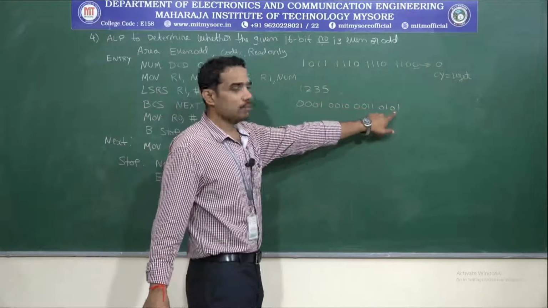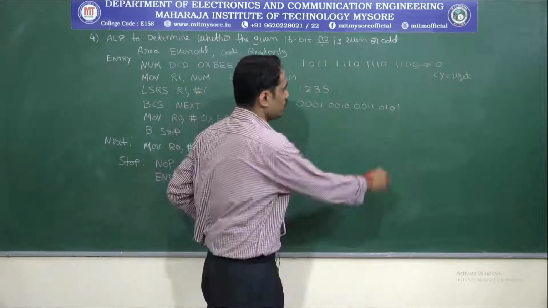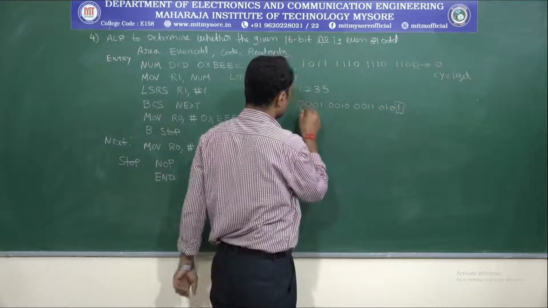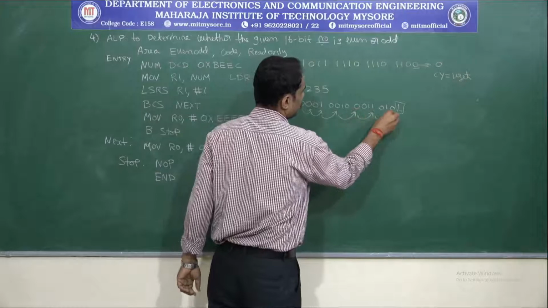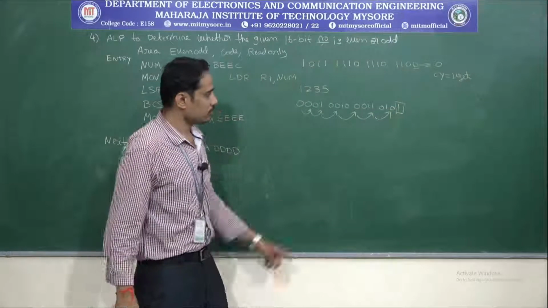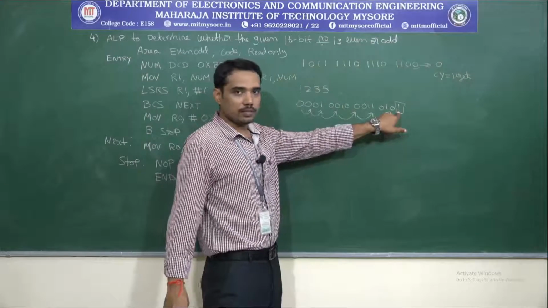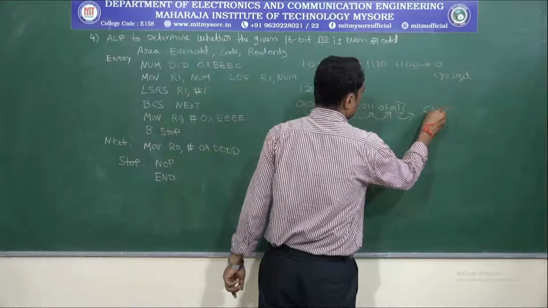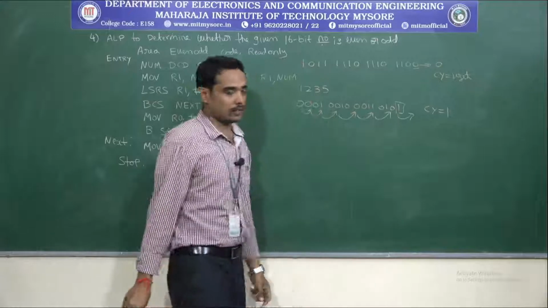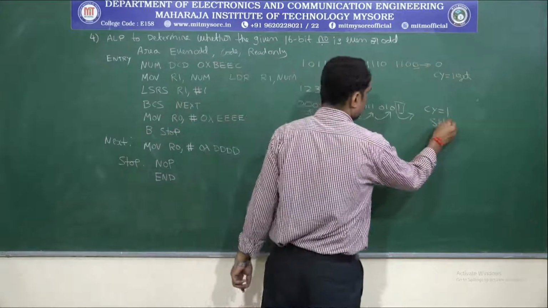And what is the LSB here? LSB is 1. What happens when you shift or rotate right? Then the bit which is coming out of the LSB is 1, whereby the carry flag is set.